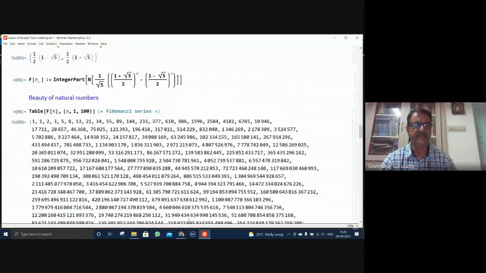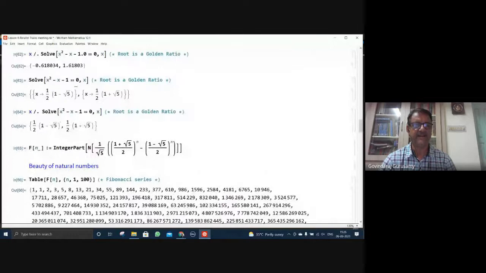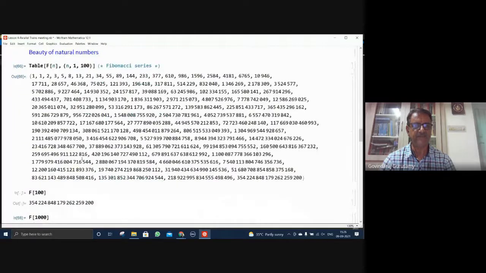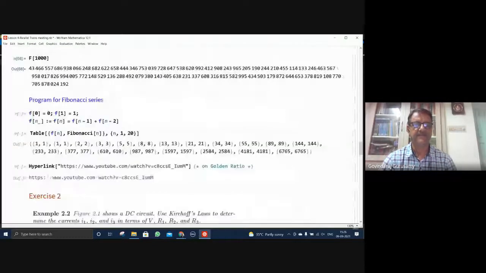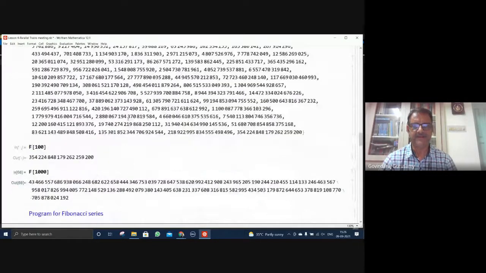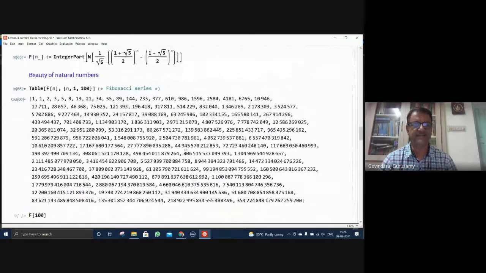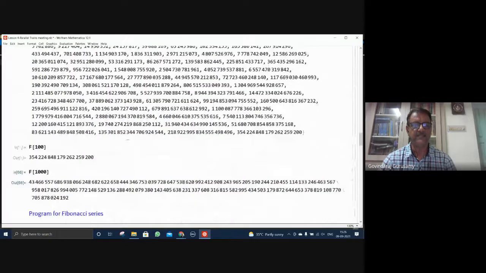So this is really beauty. The quadratic equation x square minus x minus 1 equal to 0 has so much interesting information that we are able to get, and we can really appreciate the importance of the numbers, and you see how intense these numbers are. See, it goes up to this. How do I count the numbers?